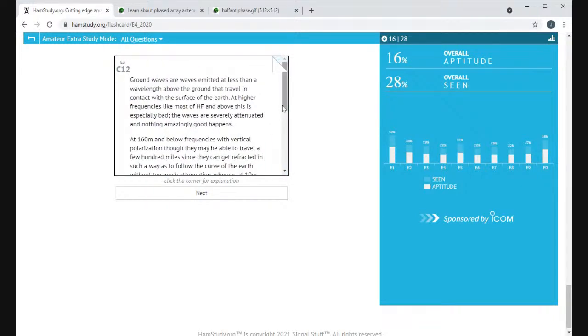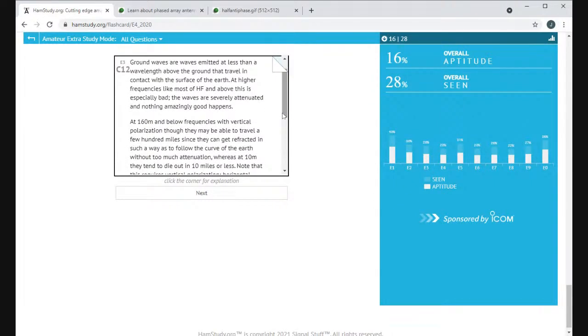Ground waves are waves emitted at less than a wavelength above the ground that travel in contact with the surface of the Earth. At higher frequencies like most HF and above this is especially bad. The waves are severely attenuated and nothing amazingly good happens.